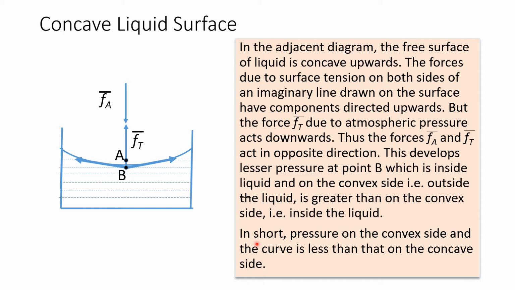If you remember it, it will be easy to remember further derivations, expressions, and it will be very helpful for you to solve the numericals. Remember this sentence. I will repeat the sentence once again. The pressure on the convex side of the curve is always less than the pressure on the concave side.